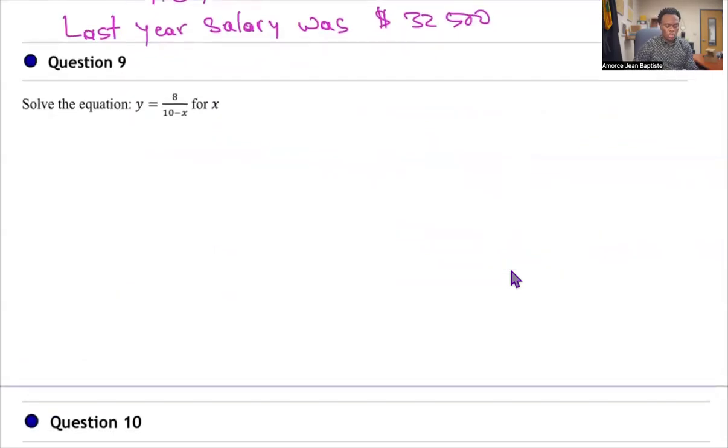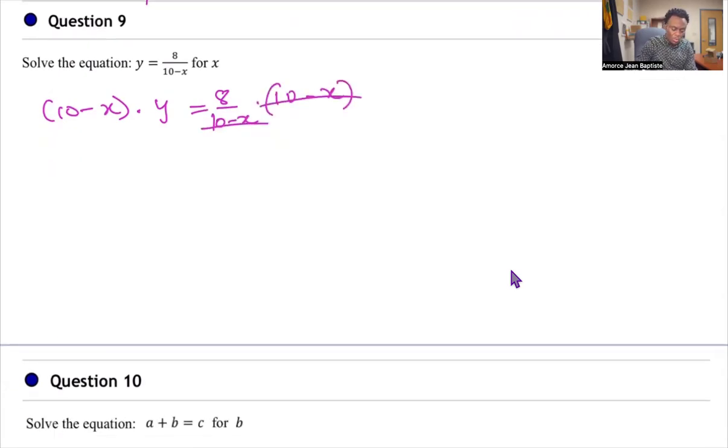Next, we want to solve this equation for X. In this type of equation, you always want to try to clear the denominators. So I'm going to multiply both sides by this denominator so I can cancel it. So that's 10 minus X times Y equals 8 over 10 minus X times 10 minus X. So 10 minus X gets canceled over there, and distribute your Y, because you're solving for something inside the parentheses.